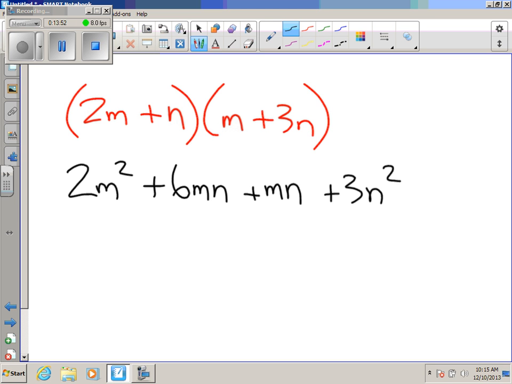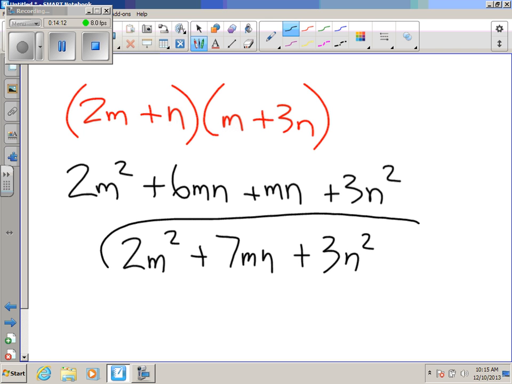Okay, that's half the battle. Now we simplify. 6mn plus mn is how many mn? 6 plus 1 is 7, plus 3n squared.